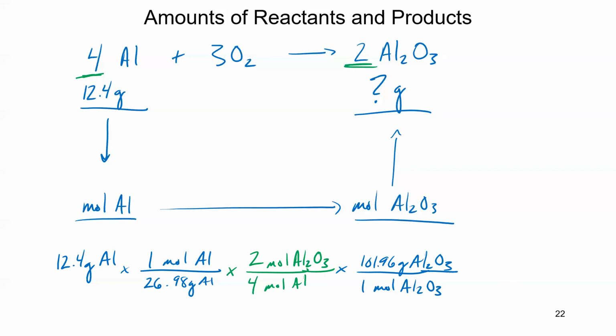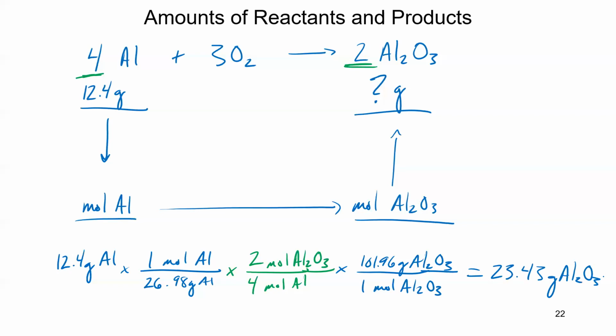Yeah. Okay, so now we just got to do some calculations. 12.4 divided by 26.98 times 2 divided by 4 times 101.96 gives me 23.43 grams of aluminum oxide.